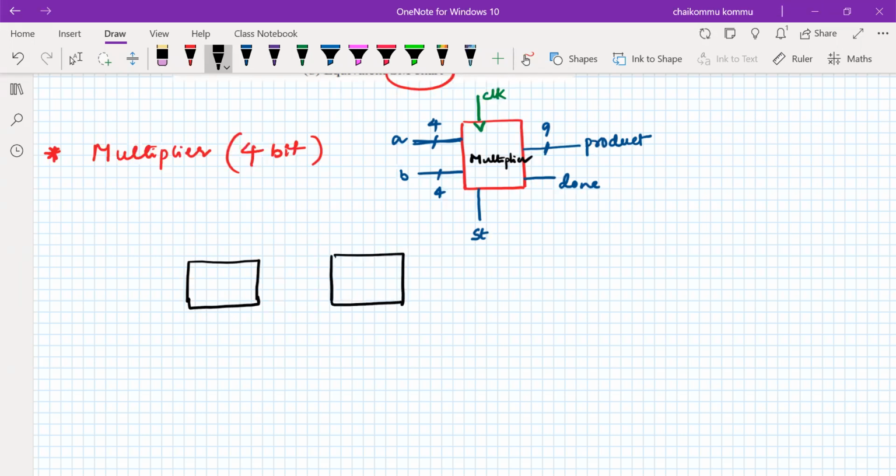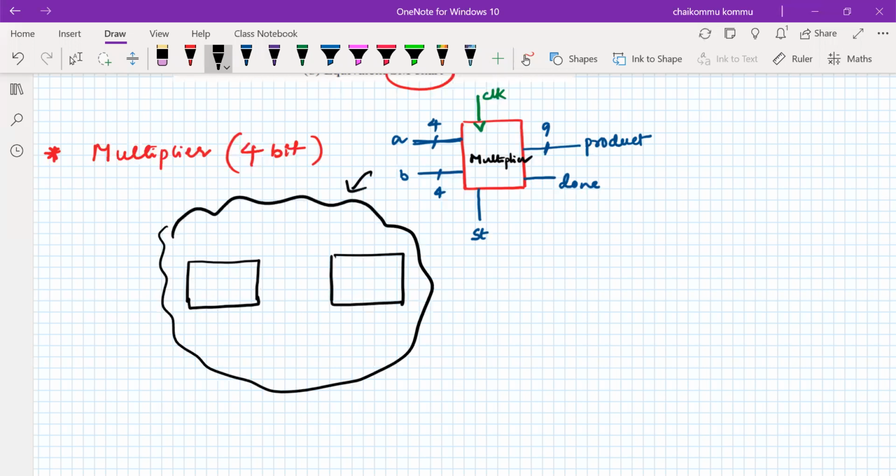Every digital system, such as this multiplier, has a control path. The next one is called the data path. The data path unit, we can call it a module or unit, whatever it may be. It is also a unit.